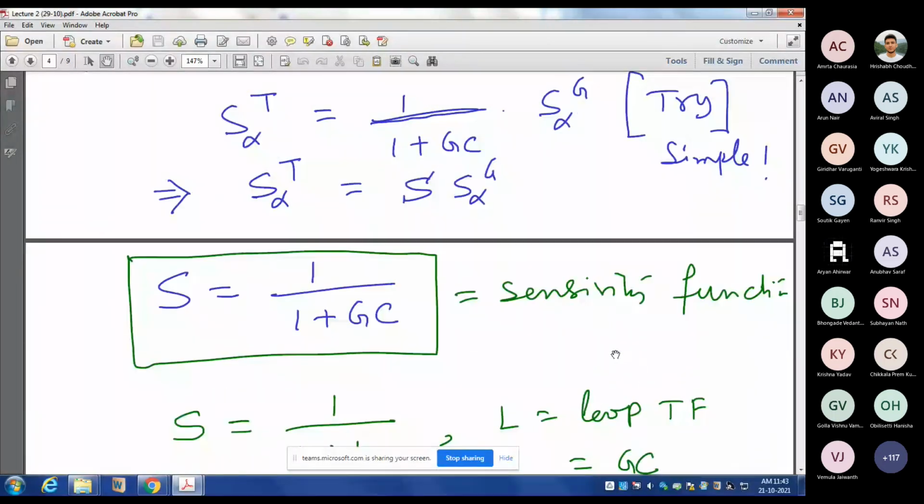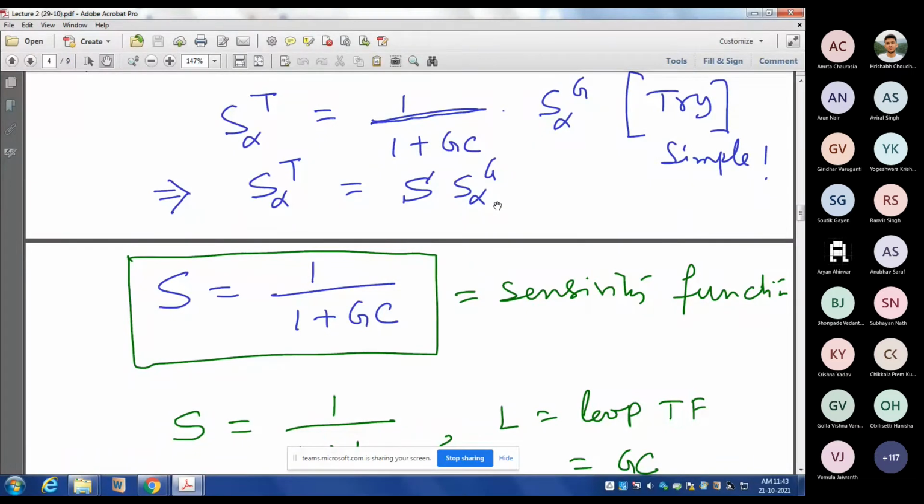This is called the sensitivity function. We will use this terminology frequently from now on. The closed loop sensitivity equals the sensitivity function into the open loop sensitivity. For a given plant, the open loop sensitivity is fixed.